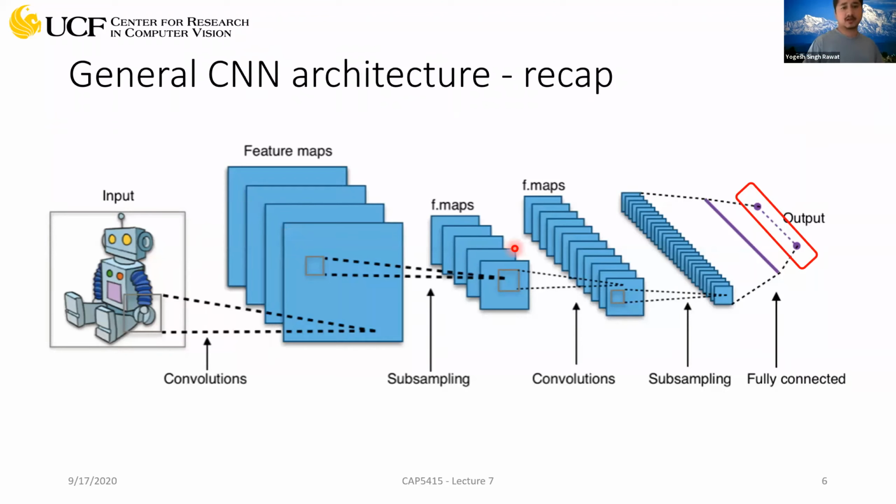This is a general architecture of a standard convolutional neural network. You have an input image, you have these convolution layers, you get these feature maps, and you will have some more of those layers. Finally, depending upon what problem you are solving, let's talk about classification, you will have some predictions.